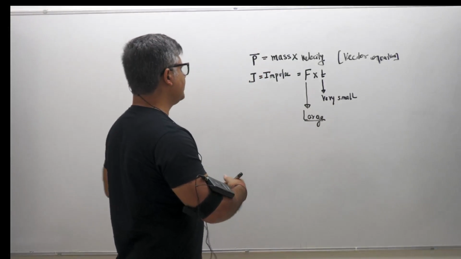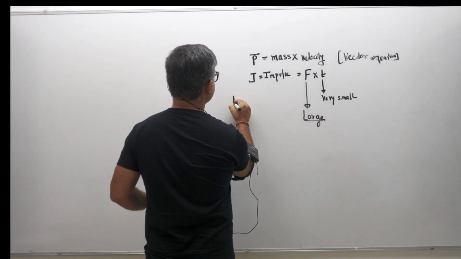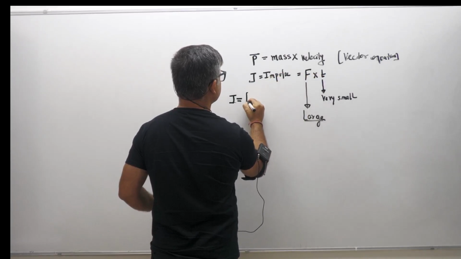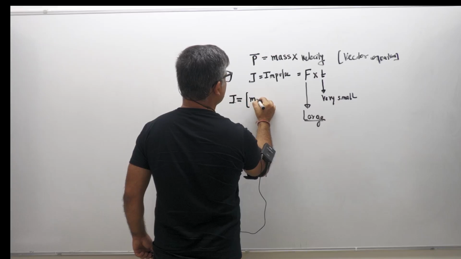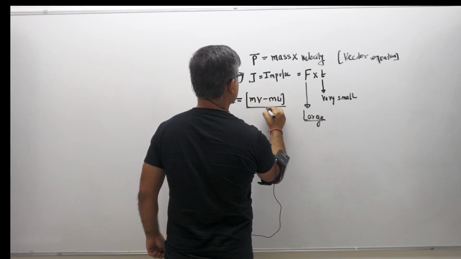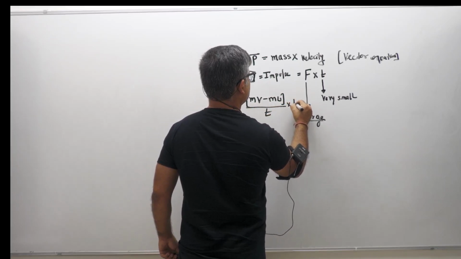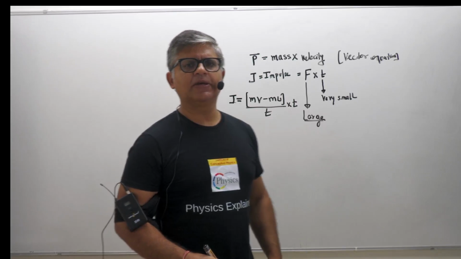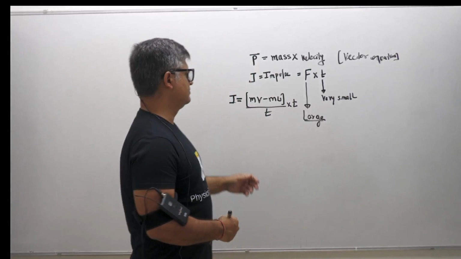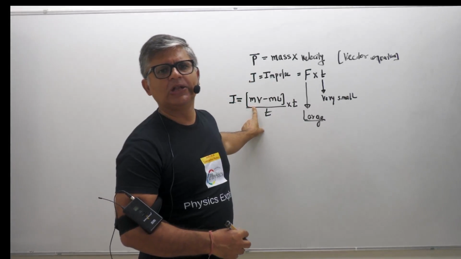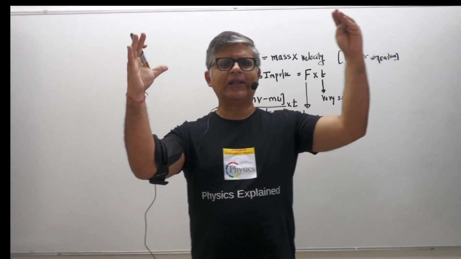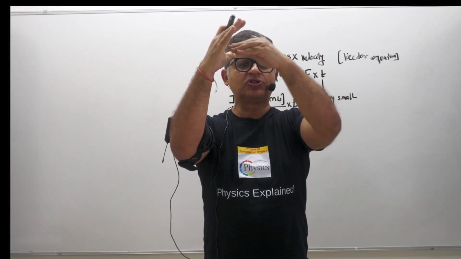So let's do one thing. Impulse is force into time, and what is force equal to? It is the rate of change of momentum, by Newton's second law. So when the ball hits you, the ball also goes back.